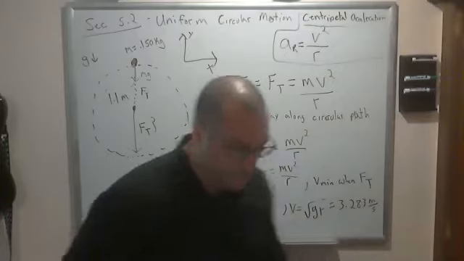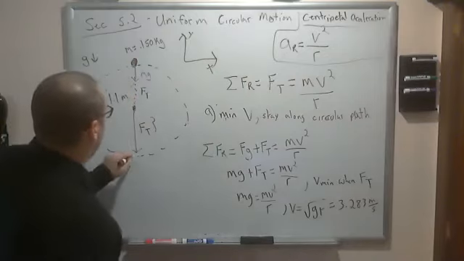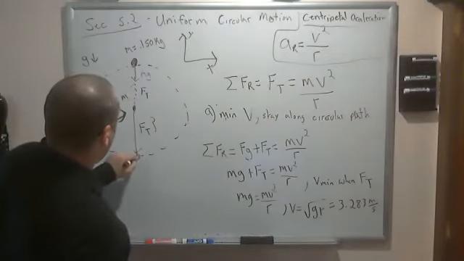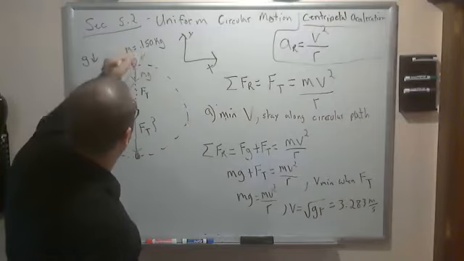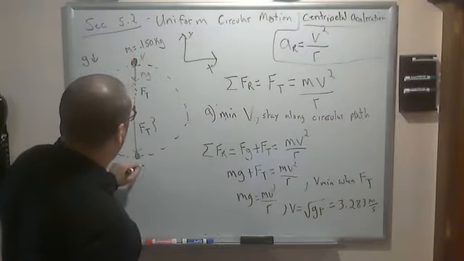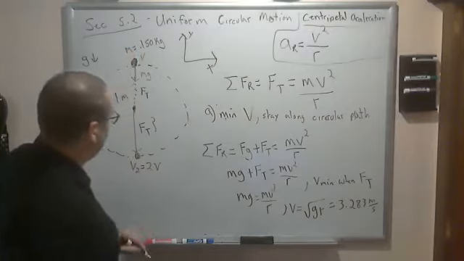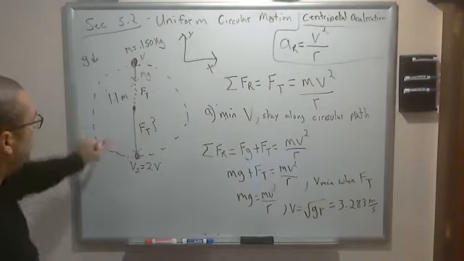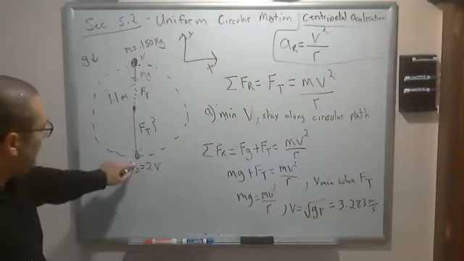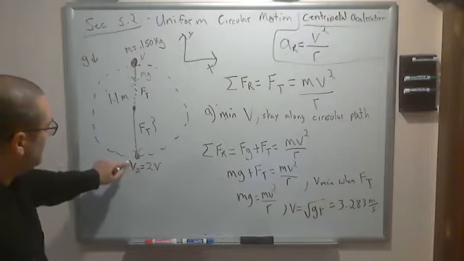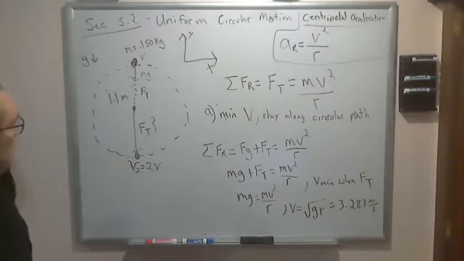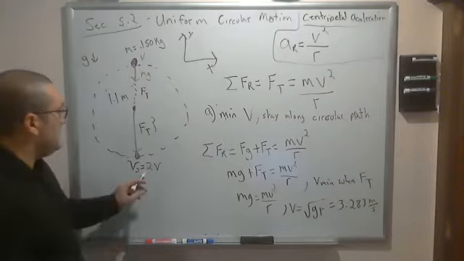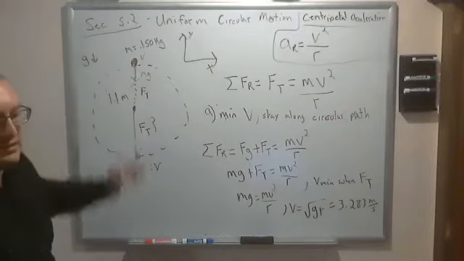Okay, so at the bottom, they're assuming that V2, so this is V, V2 over here is 2 times V. So assume that when it reaches the bottom, it speeds up, and its tangential speed is 2 times what it was at the top.